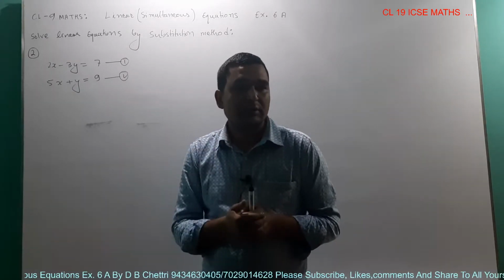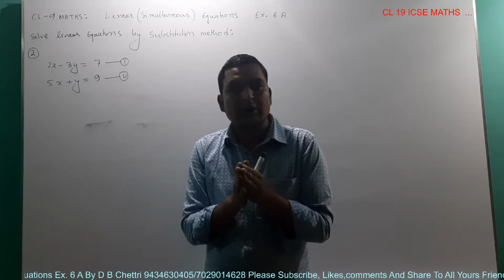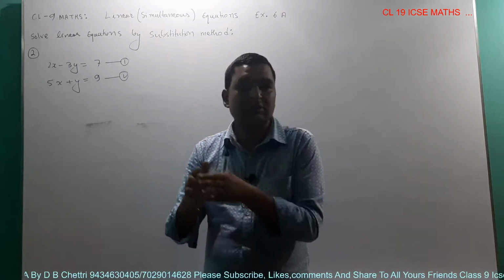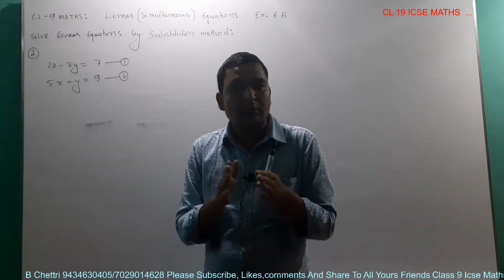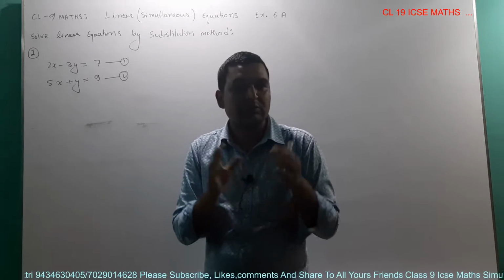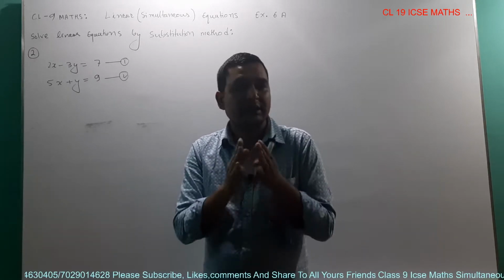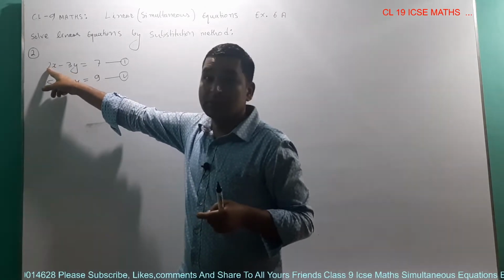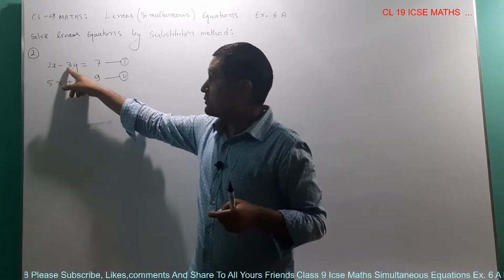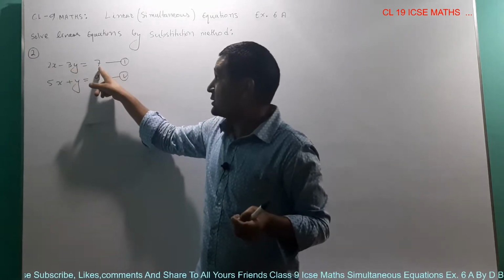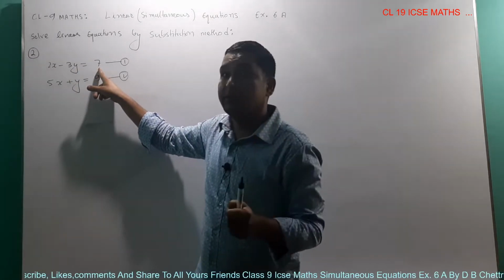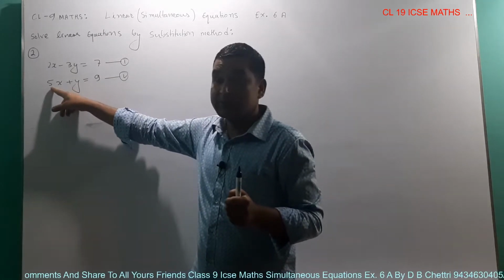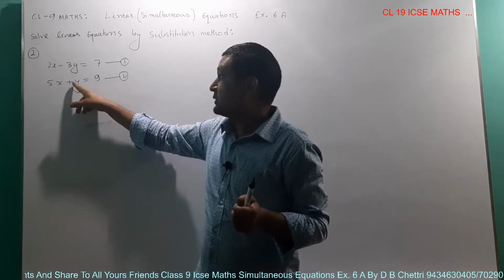If no equation has coefficient 1, then choose the equation which has the small coefficient. Coefficient means the number attached to the variable. The number in front of x is called the coefficient of x, the number in front of y is the coefficient of y, and the number without any variable is called the constant. This 5 is the coefficient of x, and the coefficient of y is 1.